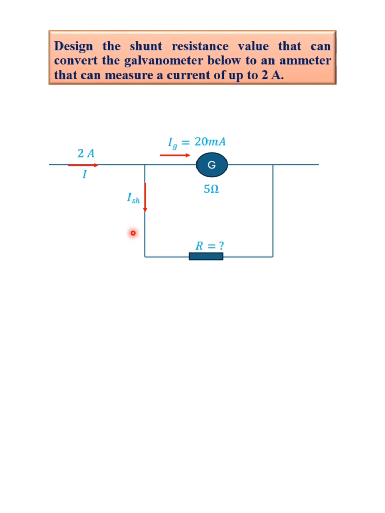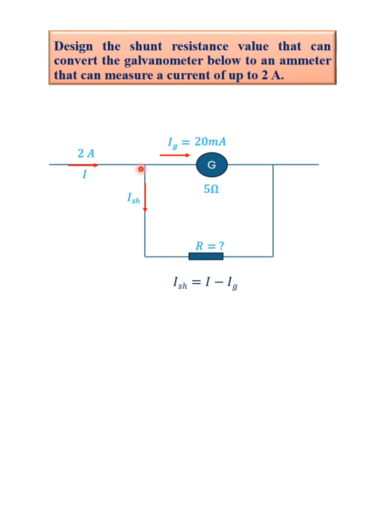Now, what happens? We want to know the value of I shunt. Take note, if 2 ampere flows to this point and 20 milliampere goes this way, of course it will be easy to tell the I shunt. So we can write a formula that says the shunt current I shunt will be equal to this current coming in minus this current going out. So we have I minus IG. Of course, it makes sense.